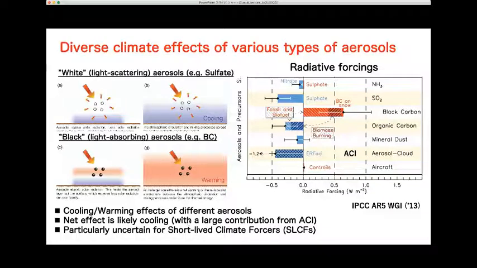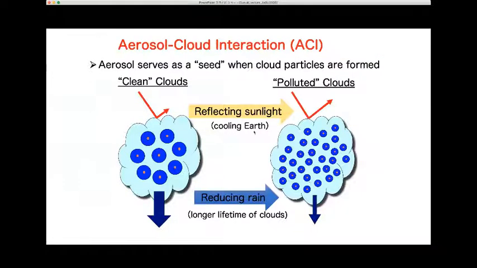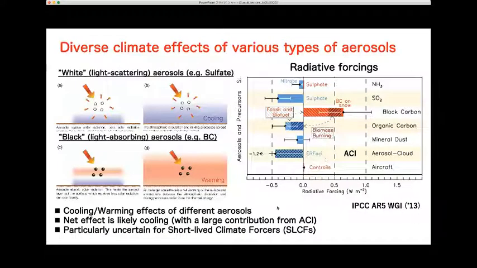That's largely because the cloud change, like I've shown here, is the major contributor to the cooling impact on the Earth. But there are still large uncertainties, particularly for aerosol particles that have relatively short lifetimes in the atmosphere.